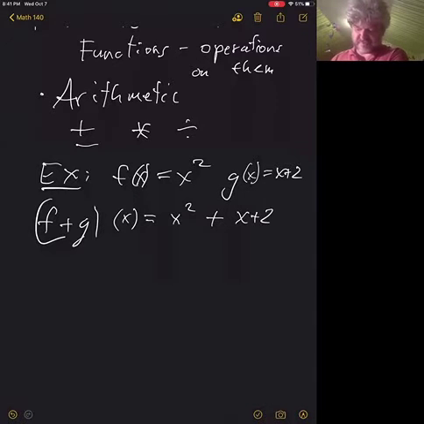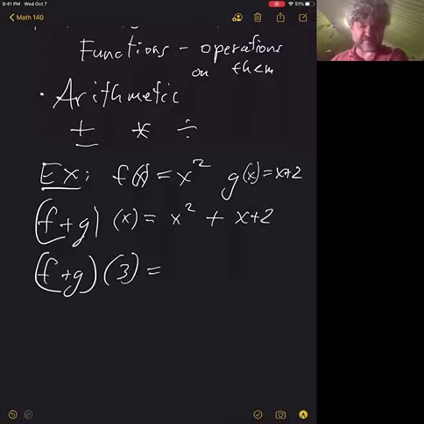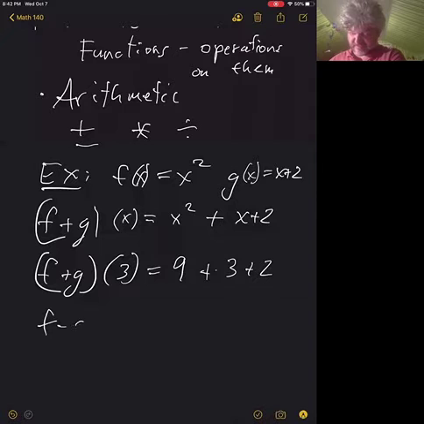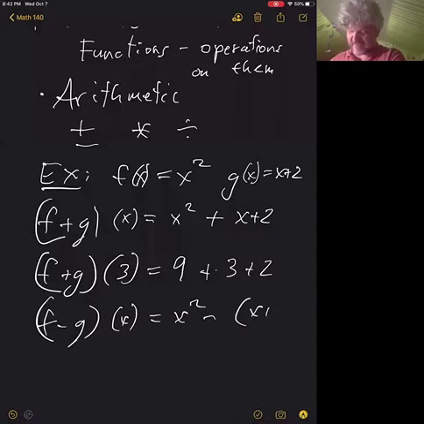So you could, for example, say the new function f plus g evaluated at the point 3, x is replaced by a 3, you get 9 plus 3 plus 2, whatever that is. And then subtraction is a new function, f minus g that is, and that would be x squared minus x plus 2.